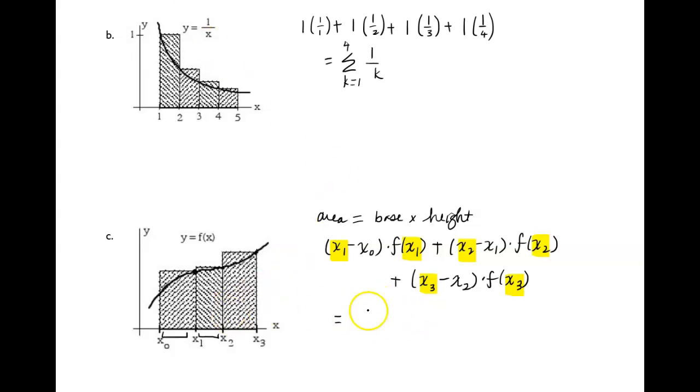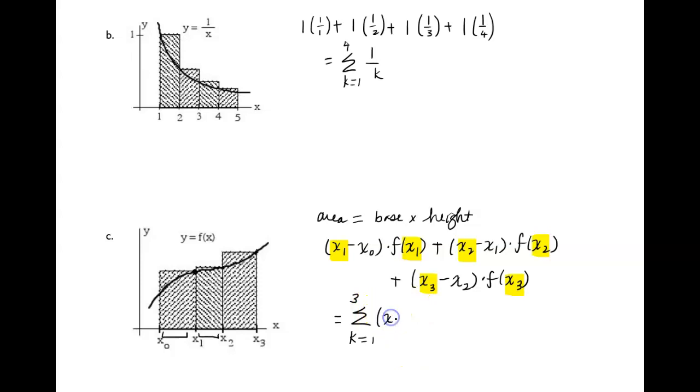So there's multiple ways that you can write this. I'm going to start at 1, because that makes more sense to me, and go to 3. So my index is going to match up with this first term, or with my height term. So I'm going to go from k equals 1 to 3.